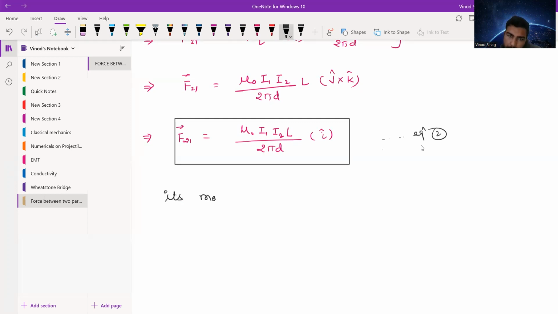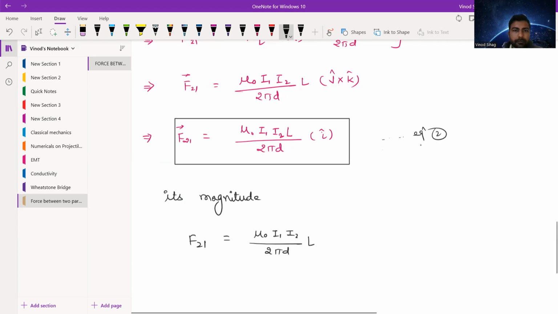Its magnitude will be F21 equals mu naught I1 I2 upon 2 pi d into L. This will be the magnitude.